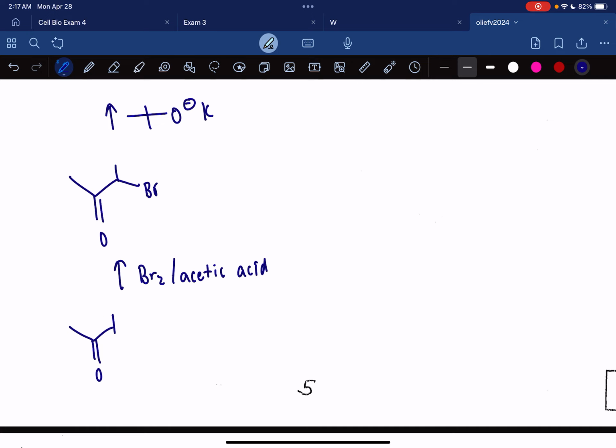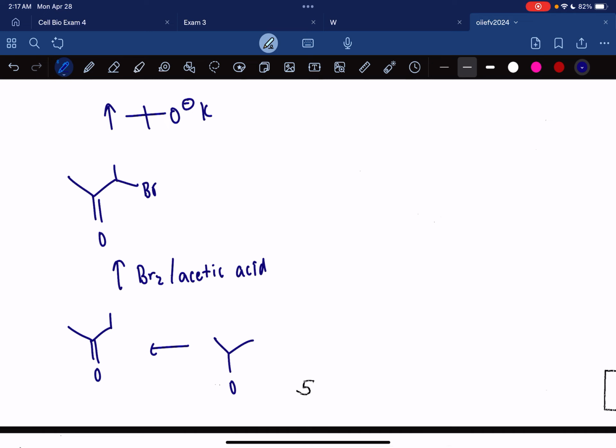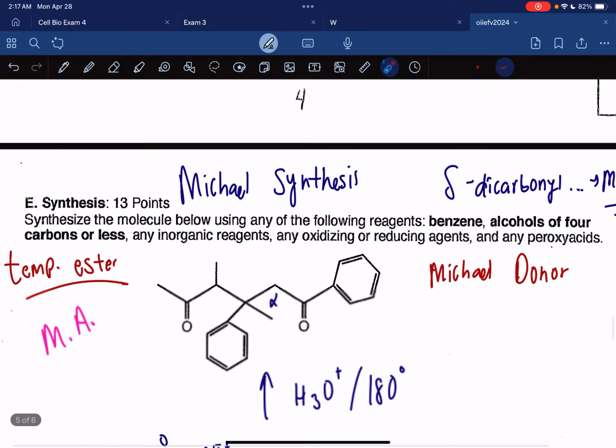Okay, and then how do you form this structure? Well, this is just a carbonyl. So you can do an alcohol and PCC. So let's work back to an alcohol. And we know PCC will turn that into the ketone. And this is an alcohol of 1, 2, 3, 4 carbons.